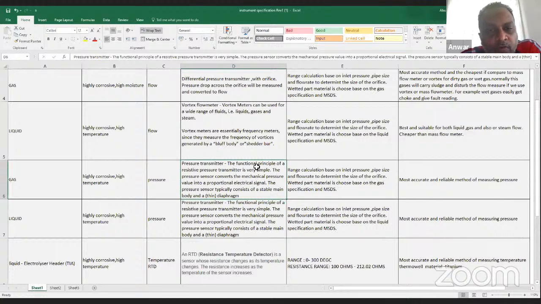So that's why we choose a SIL rated pressure transmitter.